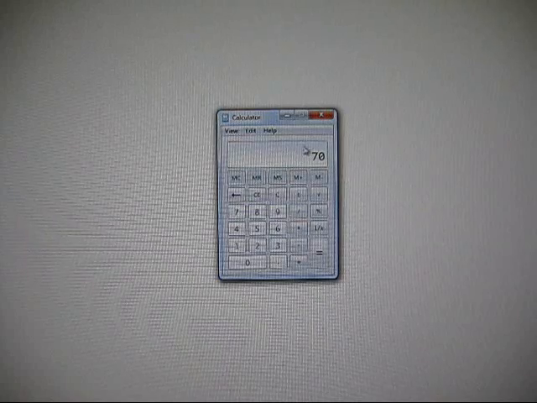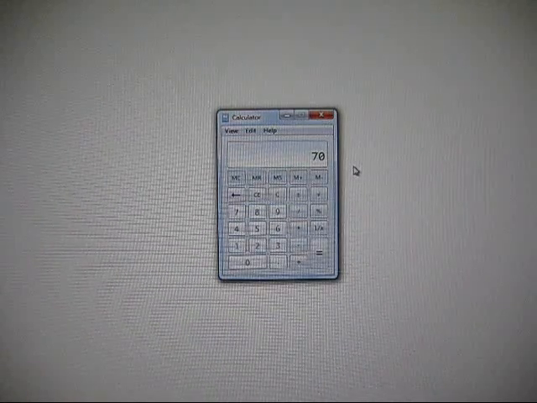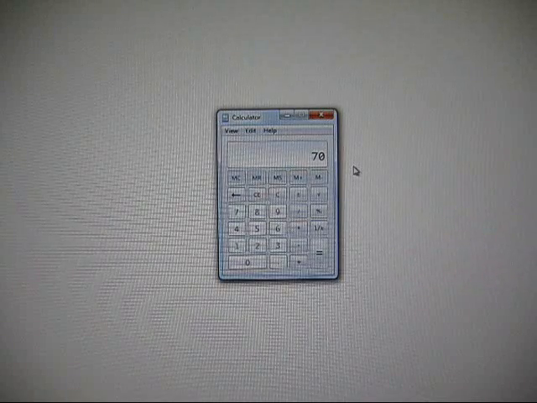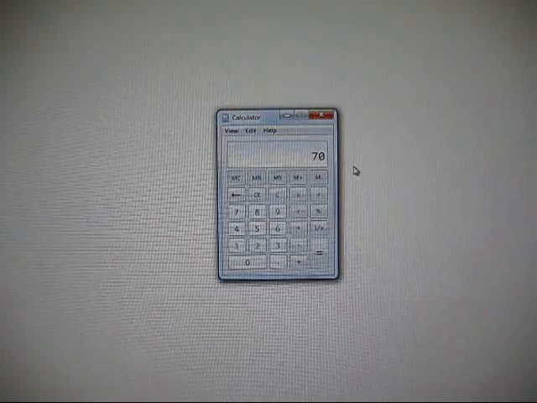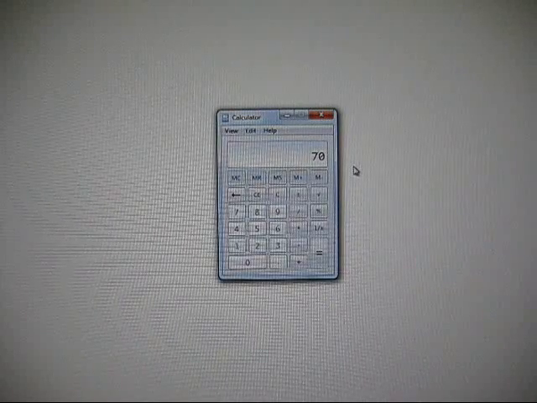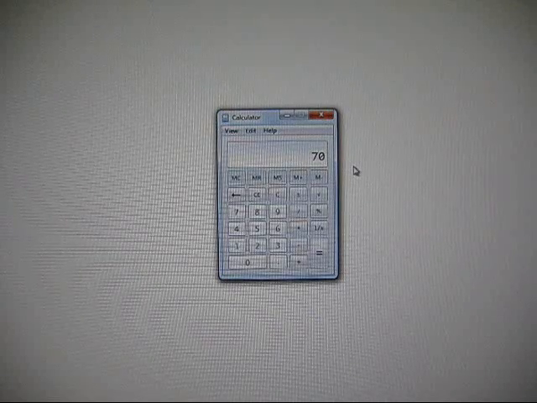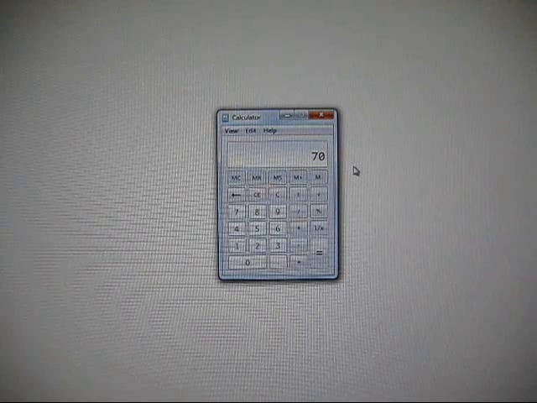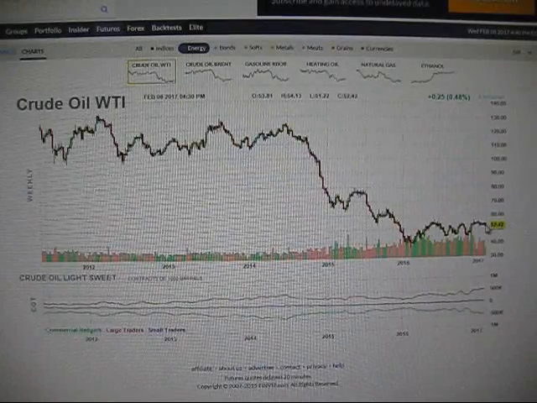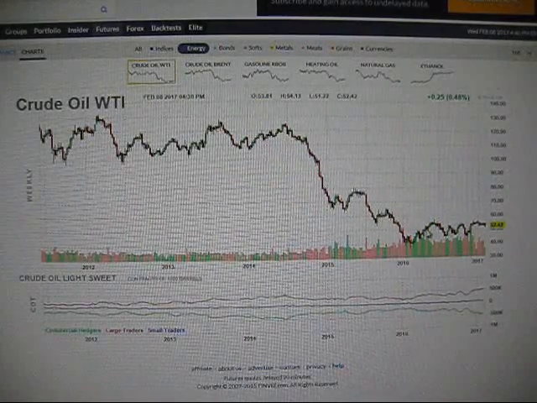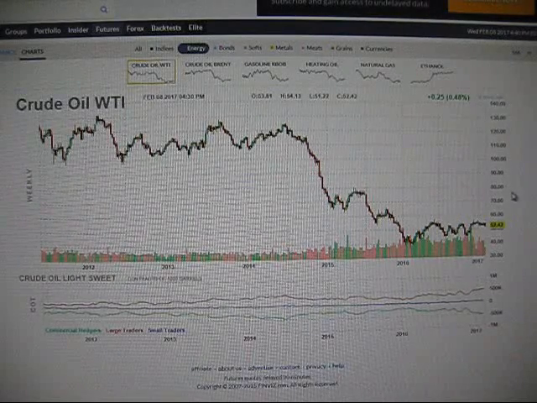A little bit further, maybe to 80 or even a little bit further than that, but we are generally at a top in the gold to silver ratio, more or less, and that means we're generally at a bottom in the precious metals market. Timing is everything, of course. That's a general statement, but it is true. We are near a top in the gold to silver ratio, and we're probably near a low in the precious metals markets. Oil remains cheap. It's about $52 a barrel right now, down, of course, from $120 back in 2014.